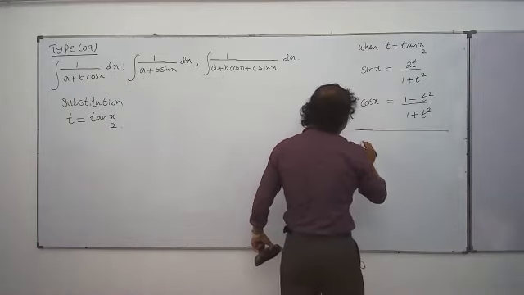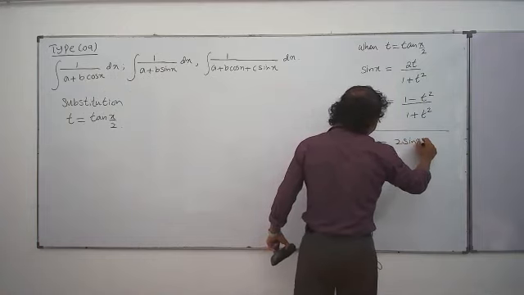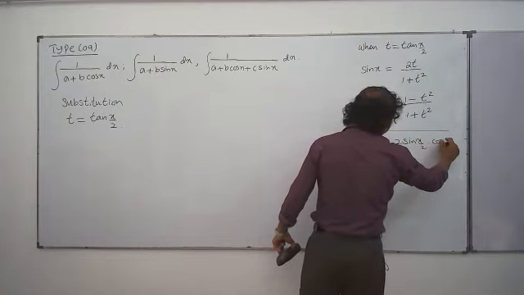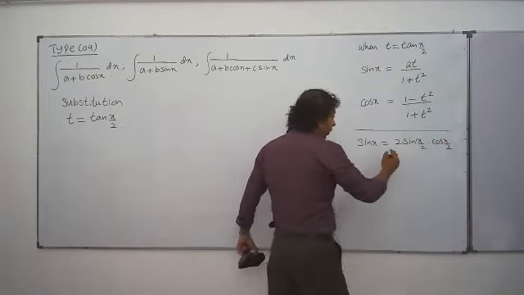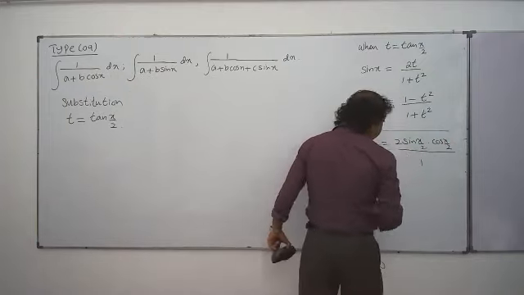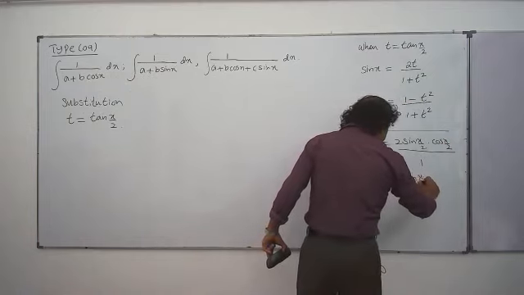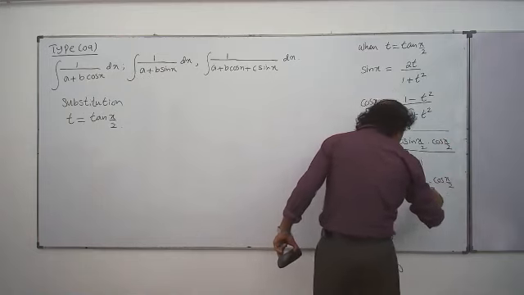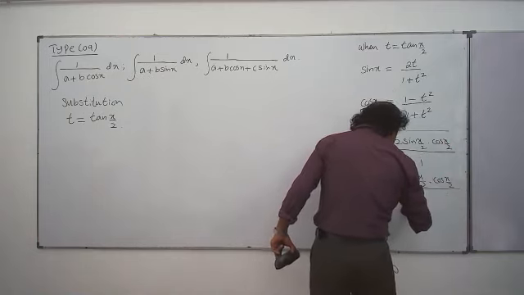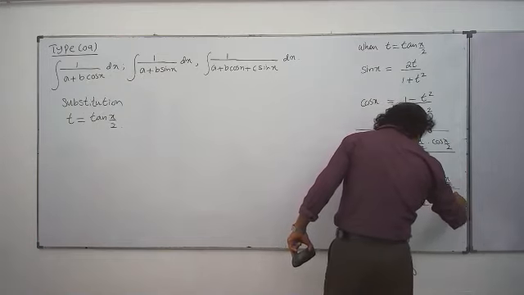This sin x we can write 2 sin x by 2 into cos x by 2. In the denominator we have 1. This one we write as cos squared x by 2 plus sin squared x by 2.